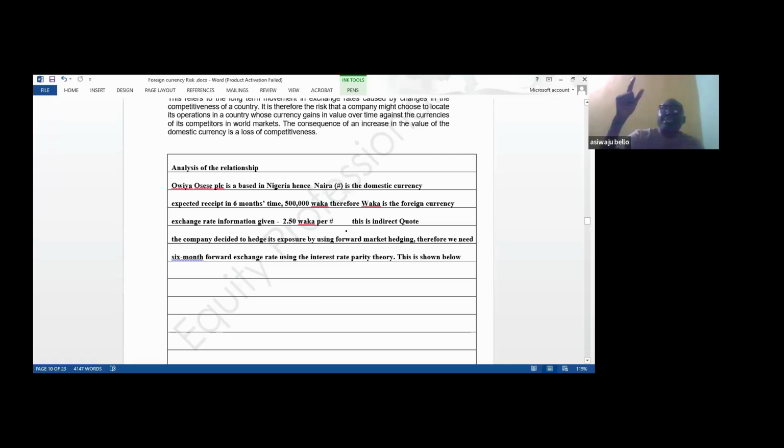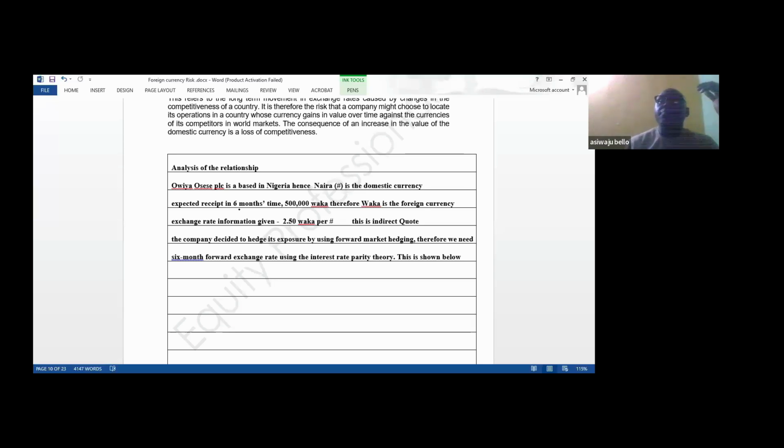We now need to forecast the forward rate in 6 months' time, for this transaction will happen in 6 months. To forecast this, the examiner says we should use the interest rate parity theory.